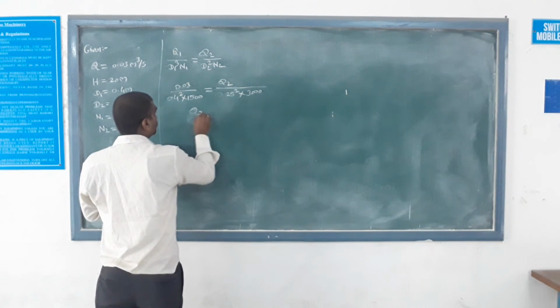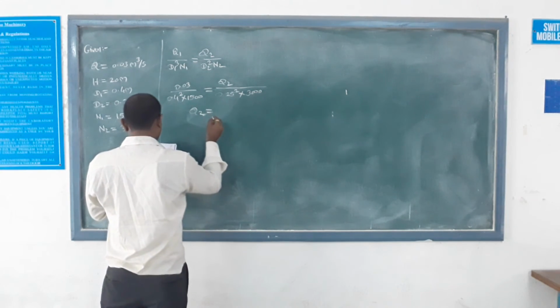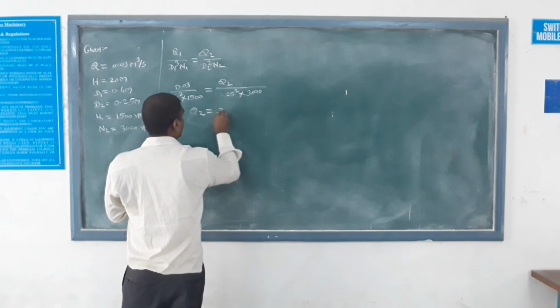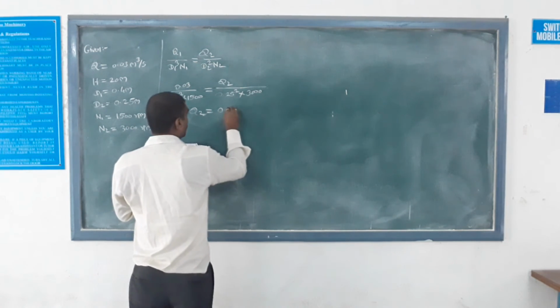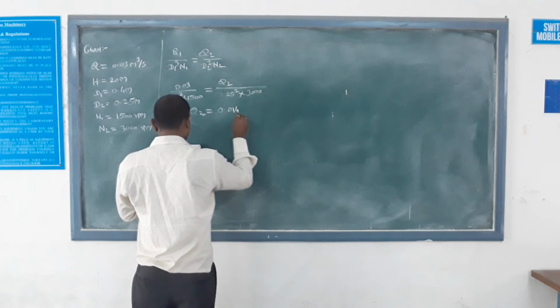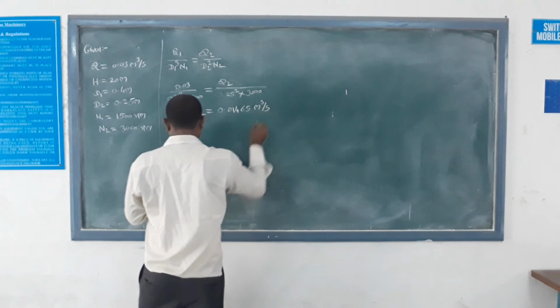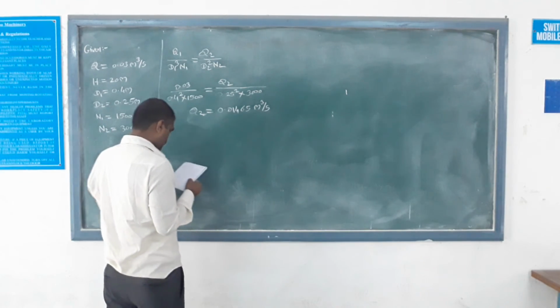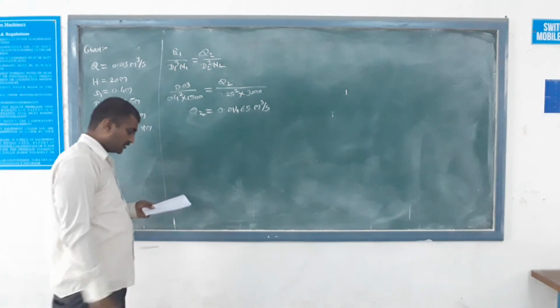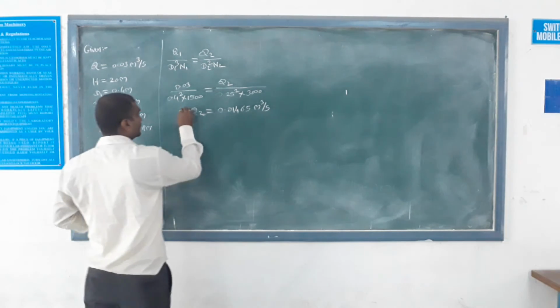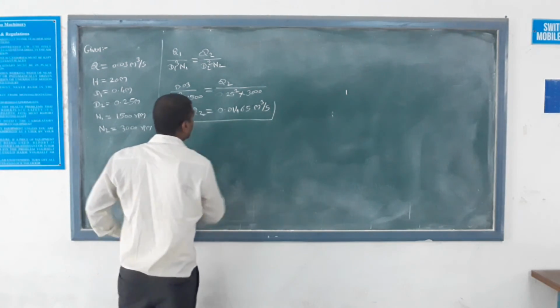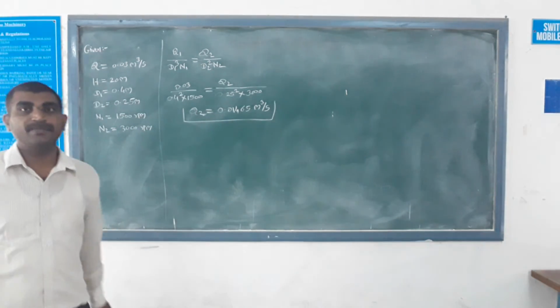So Q2 equal to 0.01465 meter cube per second. This is the discharge of the geometrically similar pump.